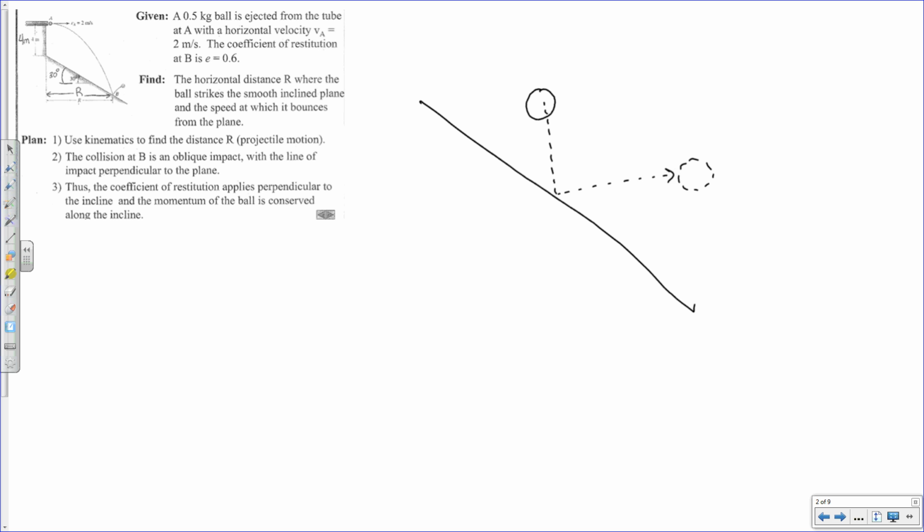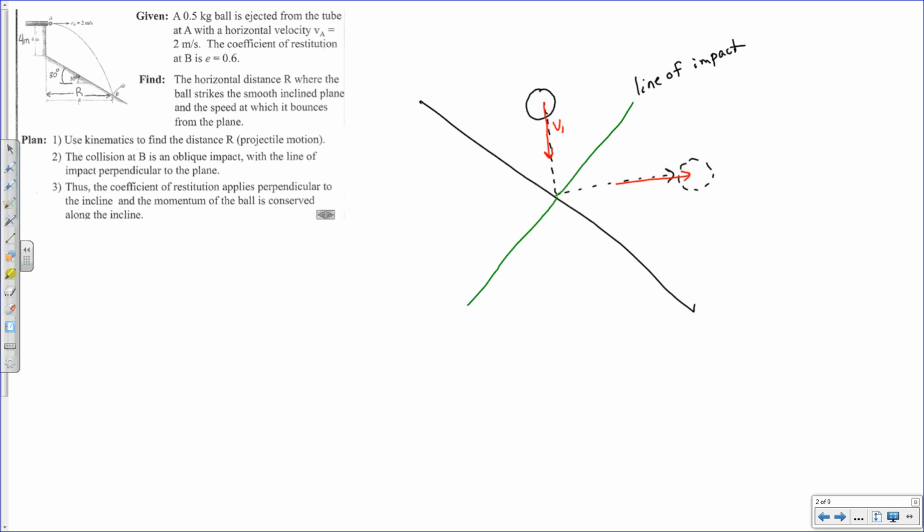And if I were to highlight the line of impact, which connects the centers of mass of the two objects, it would be this green line here, more or less. This would be our line of impact. So this object is coming in with an initial velocity before the impact, and it's going to bounce off and leave with a final velocity.